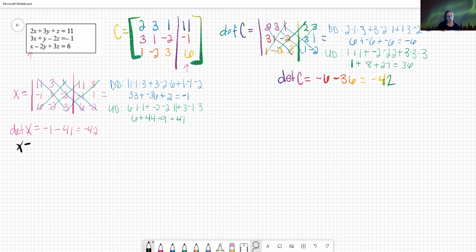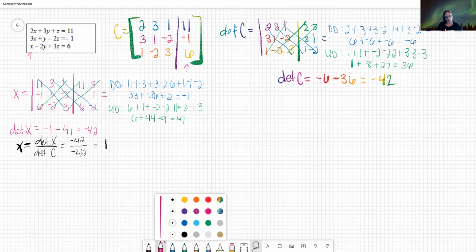So x will equal the determinant of x divided by the determinant of C. The determinant of x is -42, and the determinant of C was also -42. 42 divided by 42 is 1, negative divided by negative is positive, therefore x is 1. We are now going to go solve for y.